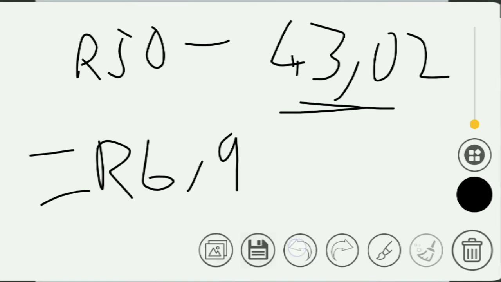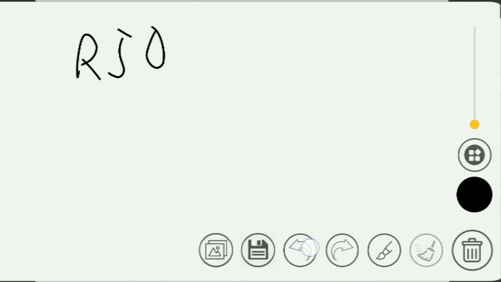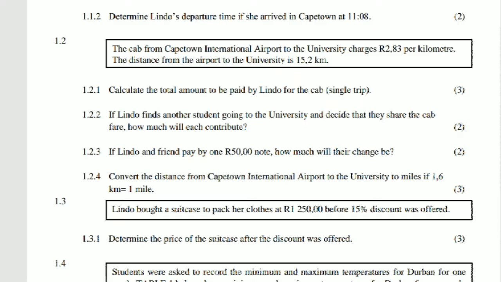We're going to 1.2.4. 1.2.4 says, convert the distance from Cape Town International Airport to the university to miles if 1.6 km equals 1 mile. So let's convert. 1.6 km equals 1 mile.